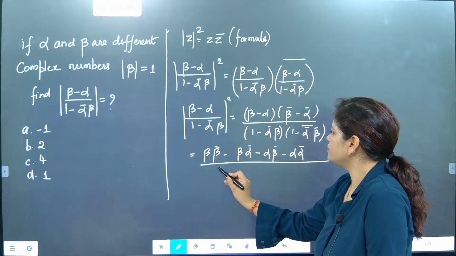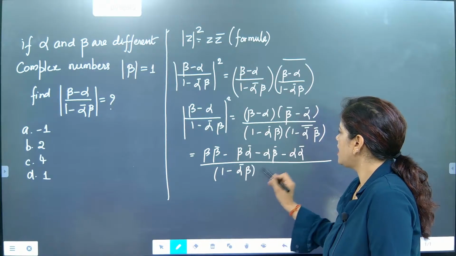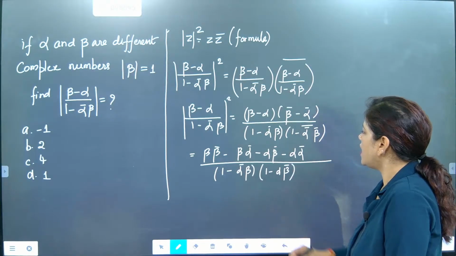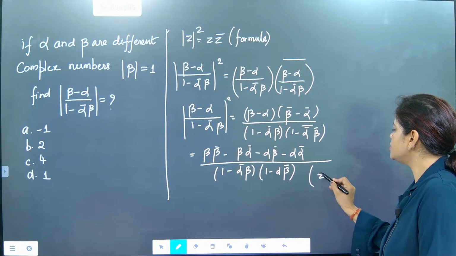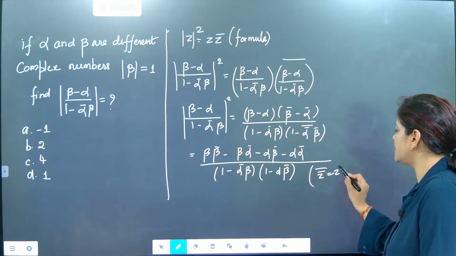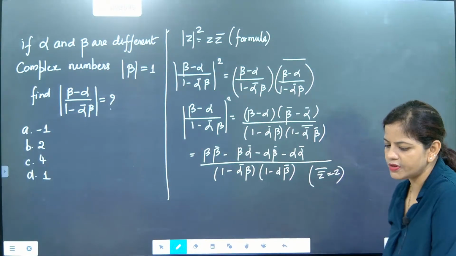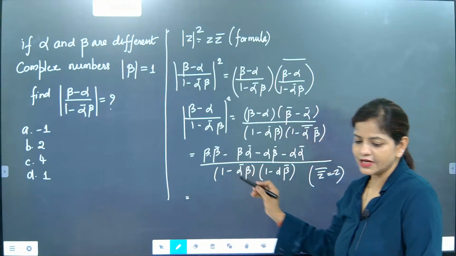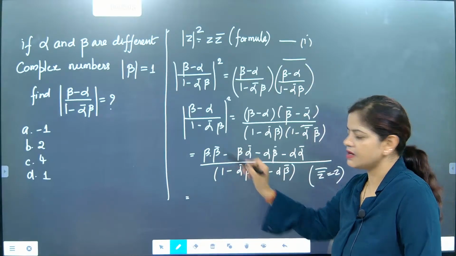Denominator part, you check here it is 1 minus alpha bar beta, and here it is coming as 1 minus alpha beta bar. How did this come? Because you remember one thing, we know that conjugate of conjugate is the same complex number. Based on that concept only. So this time this part z into z bar, in the first formula itself you see beta bar is there.